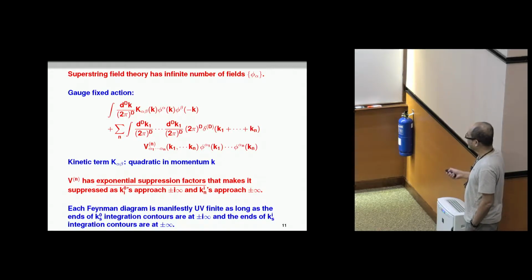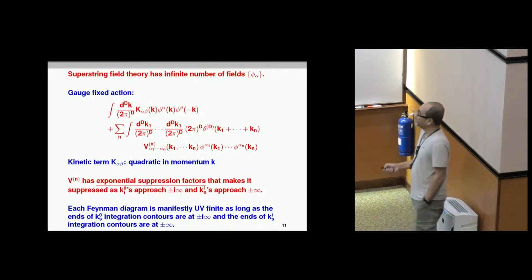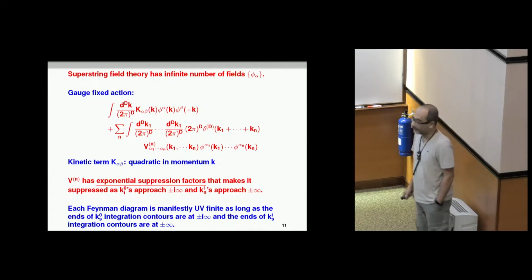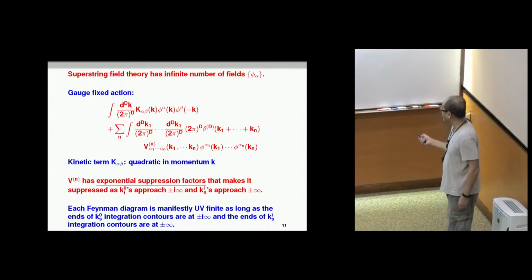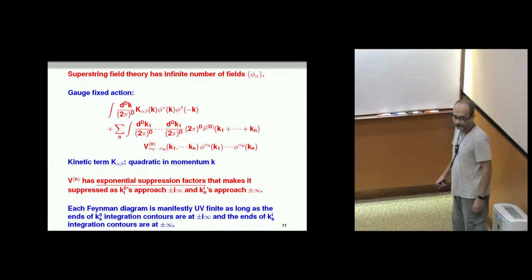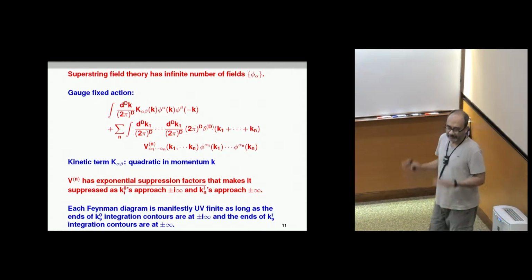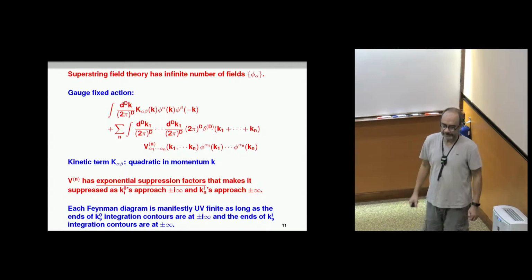And as k zero goes to plus or minus i infinity, again this falls off. This factor also shows that even though there are an infinite number of particles, the sum over those infinite number of particles also gives a finite result, because the larger the mass of the particle, the smaller the vertex. So everything is convergent and we can work with this, Feynman diagram by Feynman diagram, and study its singularities.